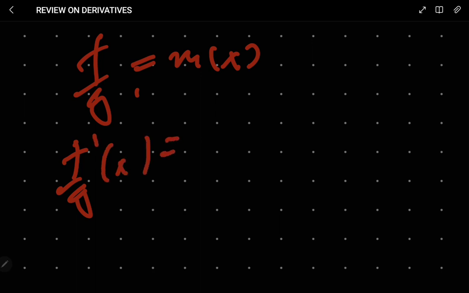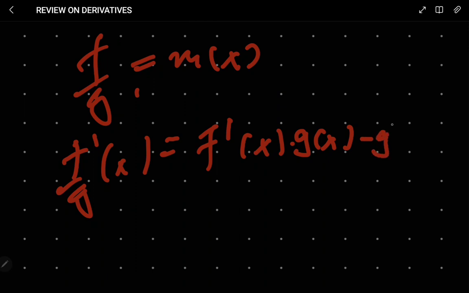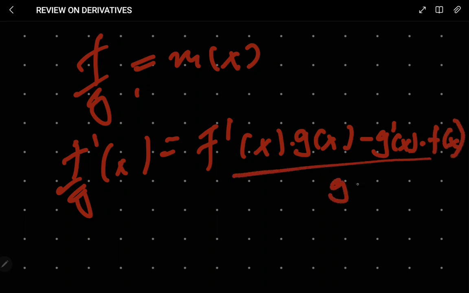You do the numerator function's derivative f derivative of x times g of x minus, take care, g derivative of x, the derivative of the denominator function, times the above function f of x, over g of x squared. Please note this on your notes and study this formula and the above formula for the product. This is for the quotient.